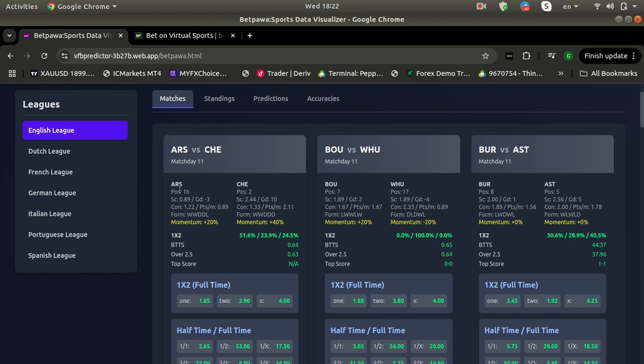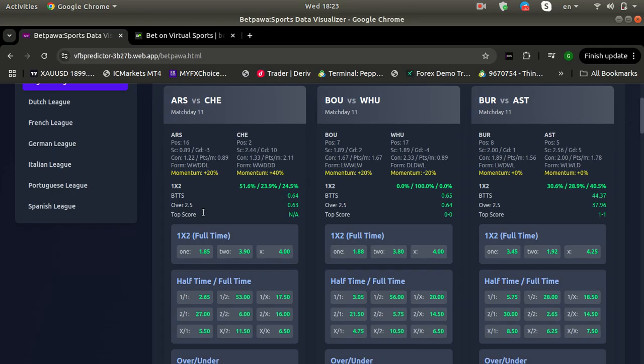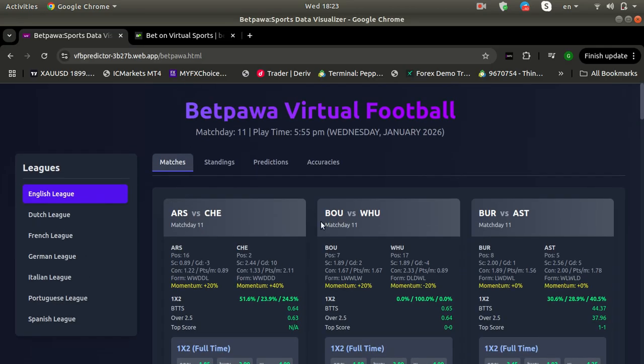If the other team has a negative GD of -10 and below, -10, -11, it means it has been losing a lot. So that's what GD means.